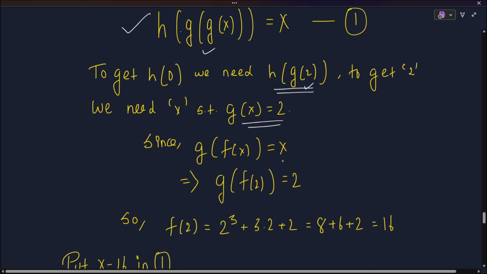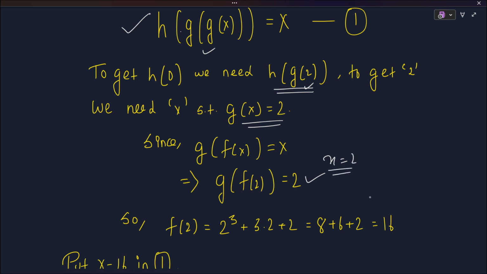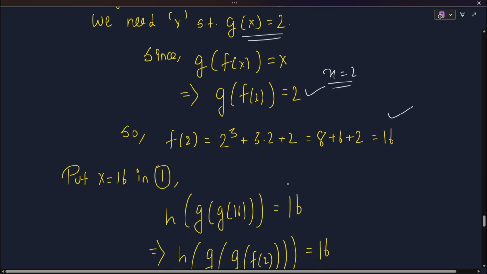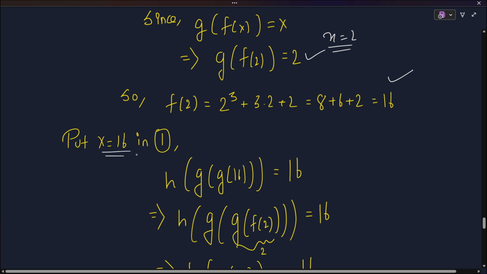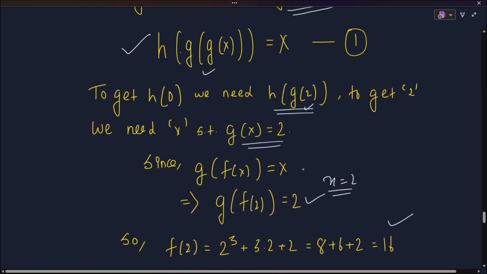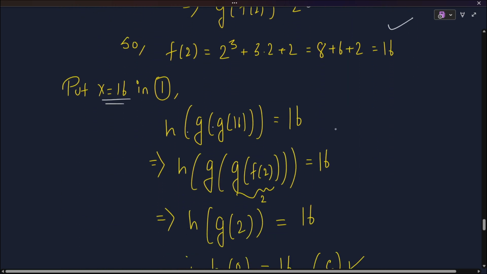Since g of f of x equals x, we can say that g of f of 2 would be 2 by putting x equals 2 here, right? And what is f of 2? F of 2 is 16. Now, just put x equals 16 in this one. So h of g of 16 is equal to 16 in this equation, right?